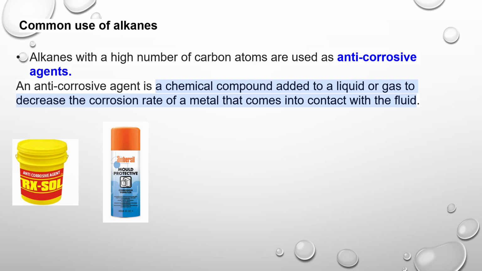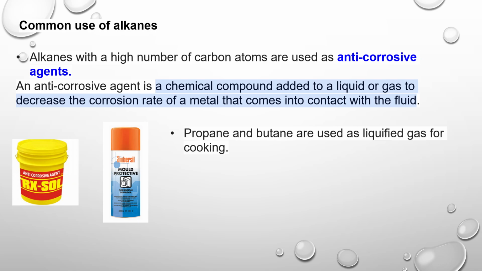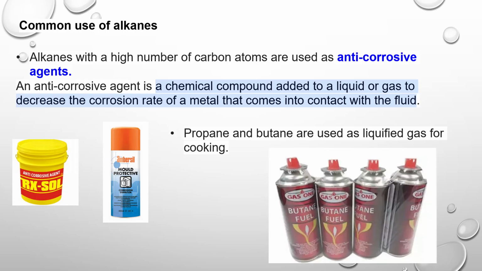The next one that is closer to heart is where your propane and your butane can be used as a liquefied gas for cooking. You might be wondering how it looks like. It's something like this. I believe this is the one that you use during your steamboat.